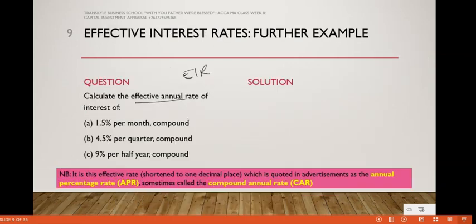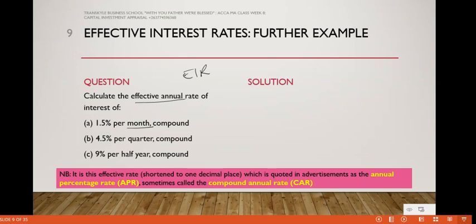In this case it is per month, so in a year, how many months do we have? We've got 12. So we are going to adjust our n to 12.